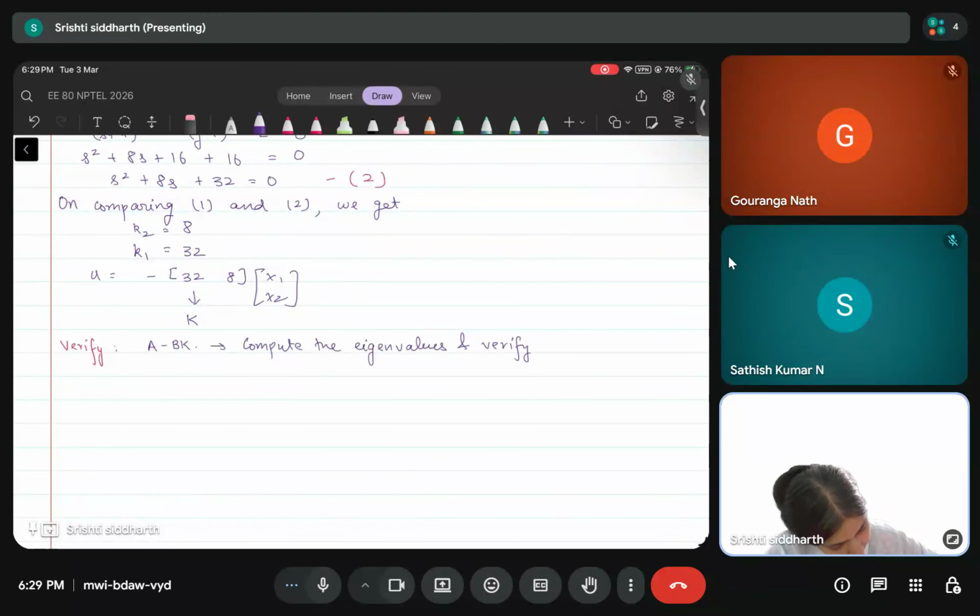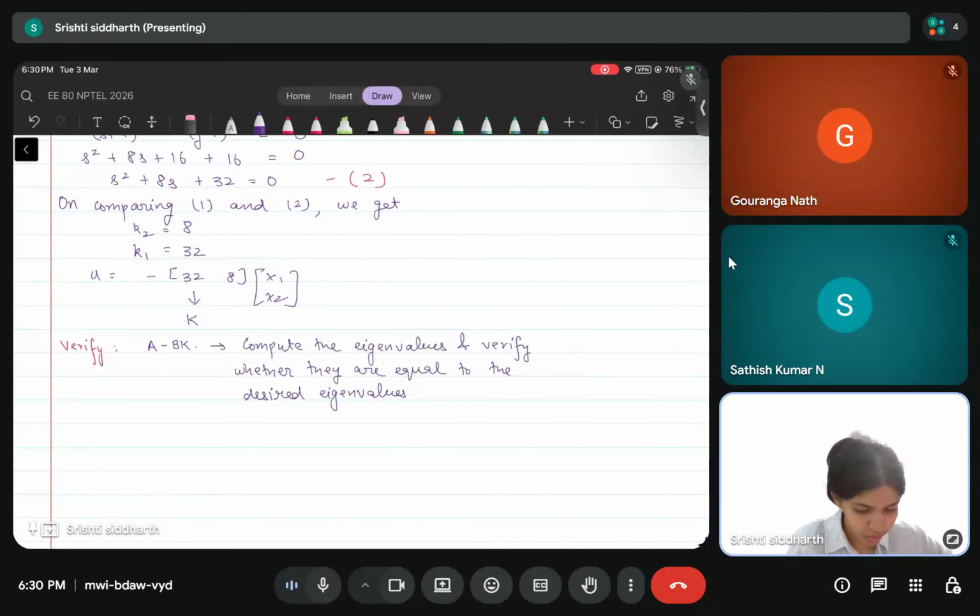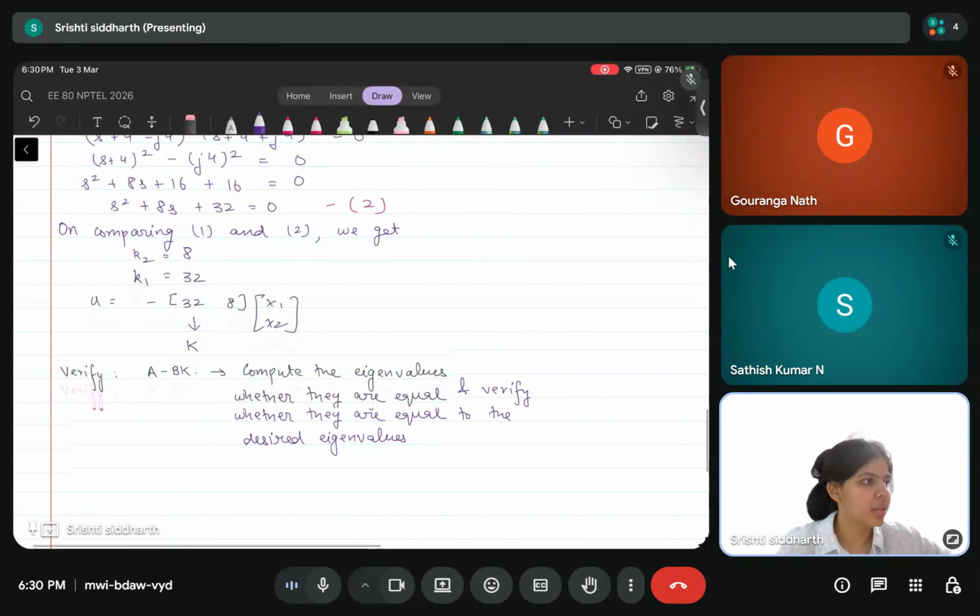Right? They're equal to the desired eigenvalues. So I hope that this was clear to you. Let's move on to the next question.